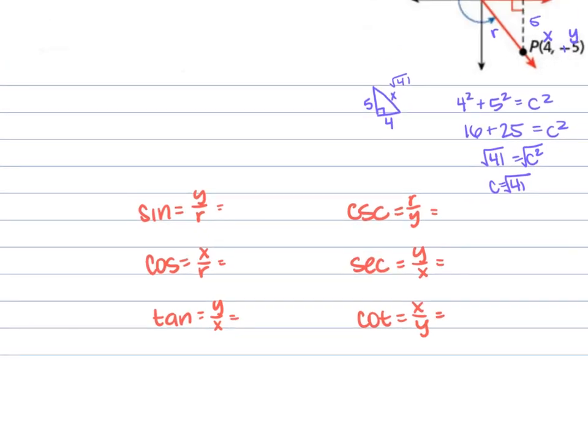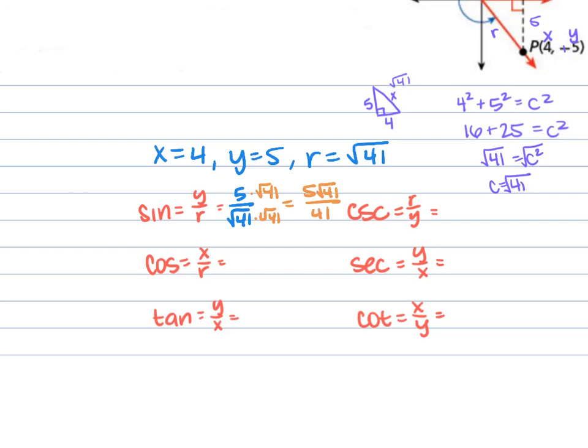So our x is 4, our y is 5, and our r is the square root of 41. So just plug these all in. So sine, we said, is y over r, 5 over the square root of 41. We're going to multiply top and bottom by the square root of 41 to give us 5 square root of 41 over 41.